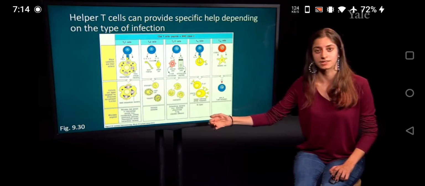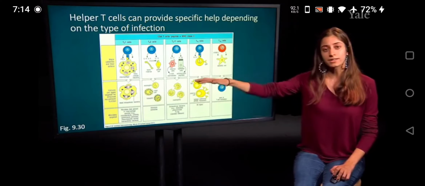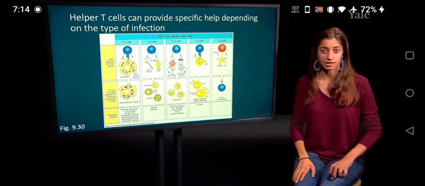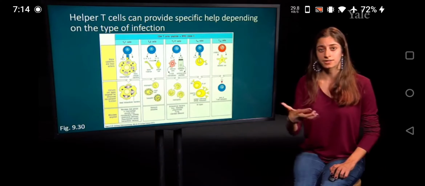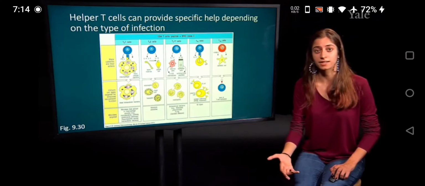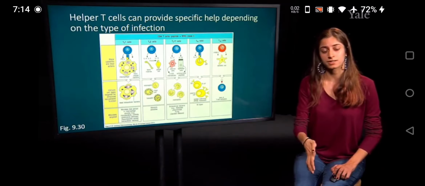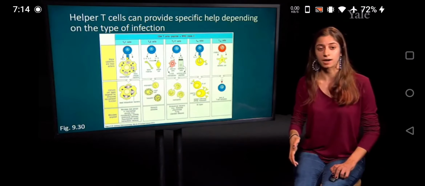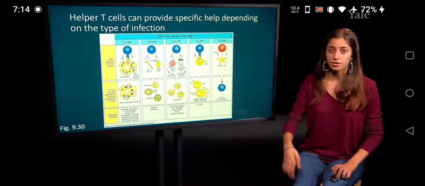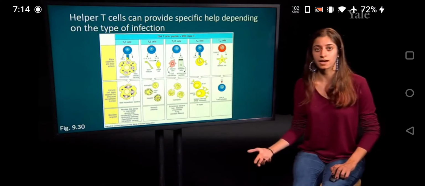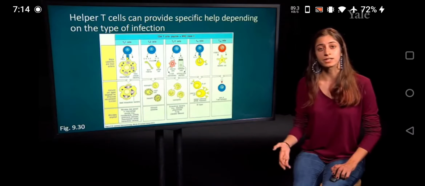Once those T cells have differentiated into their specific subset, they can then produce another set of very specific cytokines that will do different functions depending on the type of infection the body is experiencing. Those cytokines will activate other cells, recruit other cells, and tell the body how it needs to respond to deal with the infection appropriately.